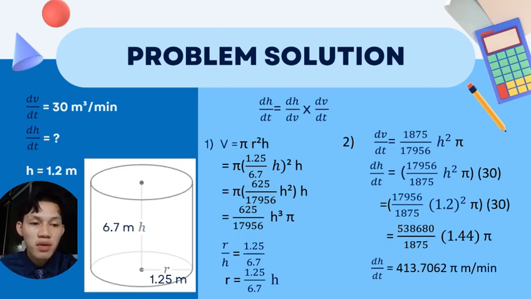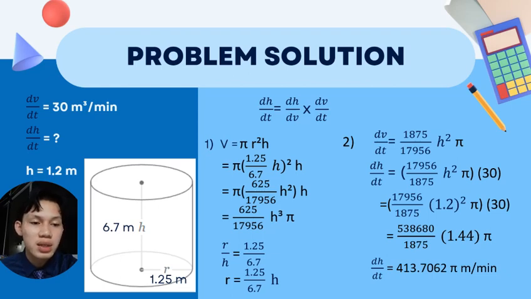Multiply both sides by H, so we get R equals 1.25 over 6.7 times H. Next, we need to state the formula for the volume of a cylinder, which is pi multiplied by R squared multiplied by H, or height. We need to substitute the value of R, which is 1.25 over 6.7 H, in the bracket of the square.